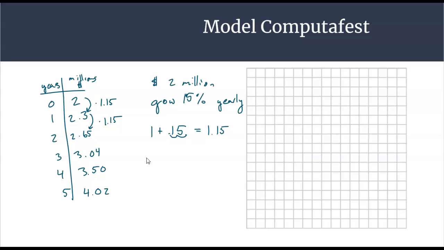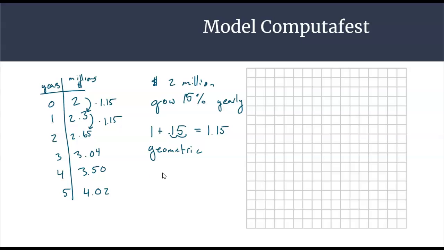Although Computafest is geometric, right? This is multiplying. This is geometric. So we might expect this one to start growing very rapidly at some point, but it might take a little bit of time. So maybe we can compare these on a graph and see when they match, see if one outgrows the other.